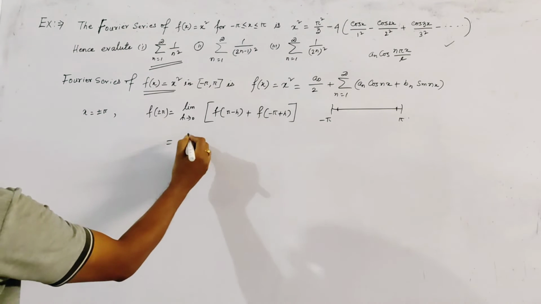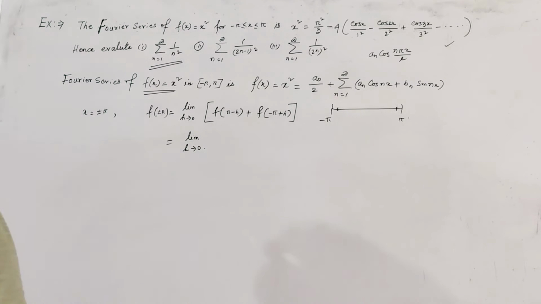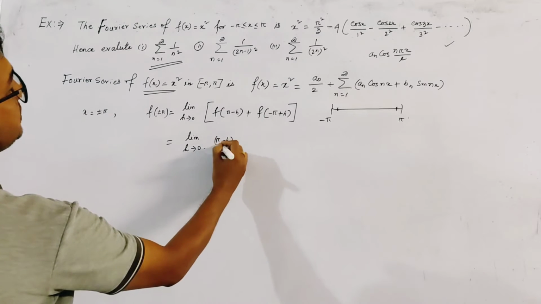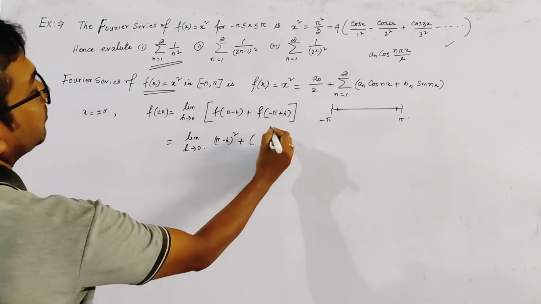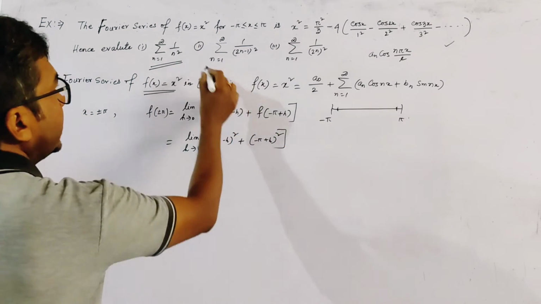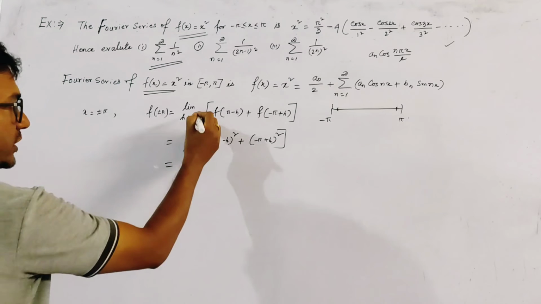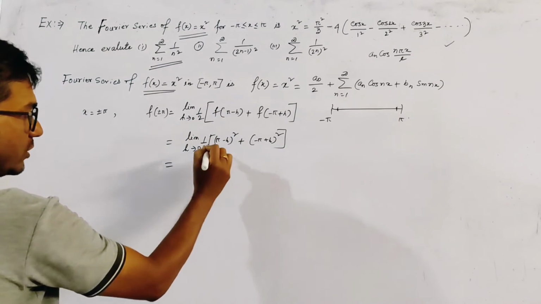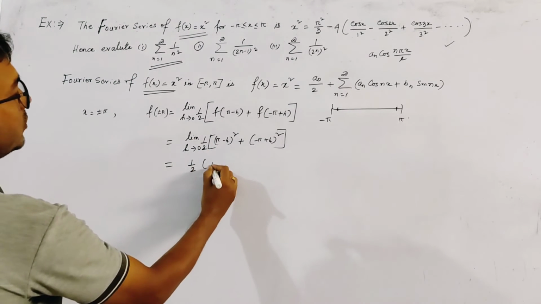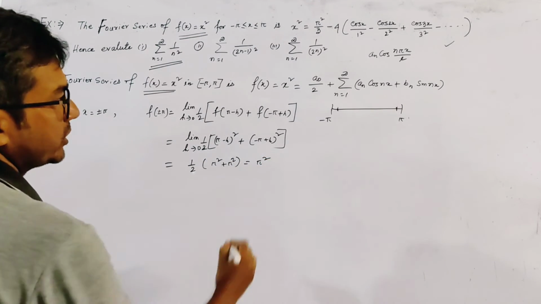This is given by limit h tends to 0 of half of pi minus h whole square plus minus pi plus h whole square, because it is given that f(x) equals x square. Now taking the limit, we get half into pi square plus pi square, so the value is pi square.